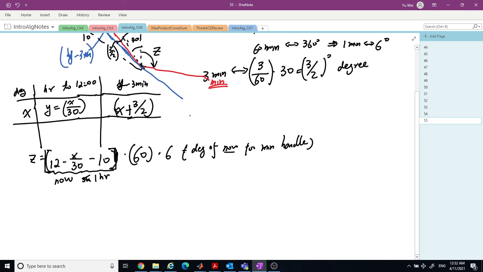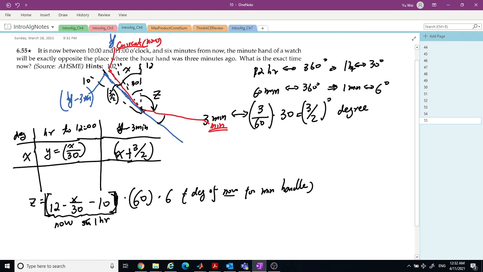Now we know that 6 minutes later, it will be on the opposite side of this blue line.